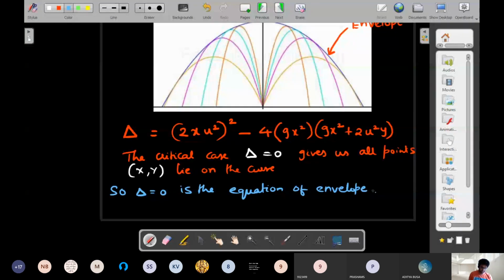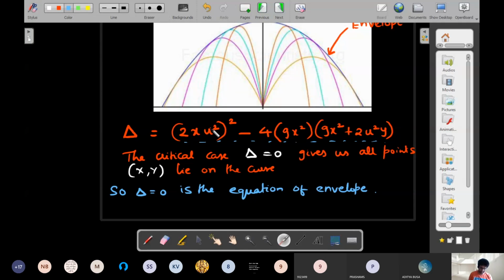And what does that give you? If you rearrange this entire equation, you can see there are some cancellations. There is an x square here; if I equate this to 0, one x square gets cancelled. So it will be simply an x square term and a y term equal to a constant term.